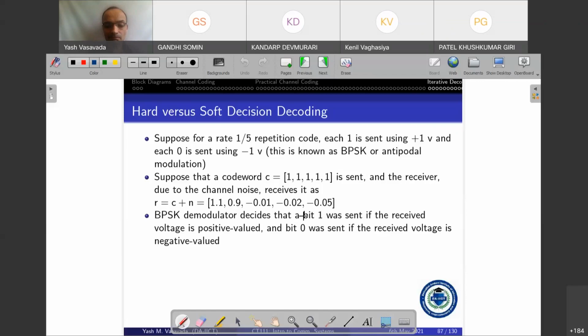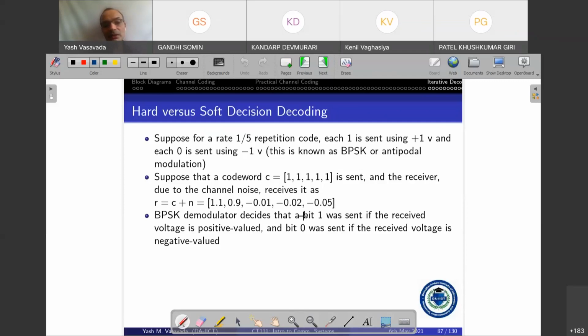It becomes 1. Both x equal to 1 and x equal to 0 become equally probable. When the posterior likelihood ratio, or the odds, are exactly 1, that is when the receiver has the least information about what the transmitter sent.